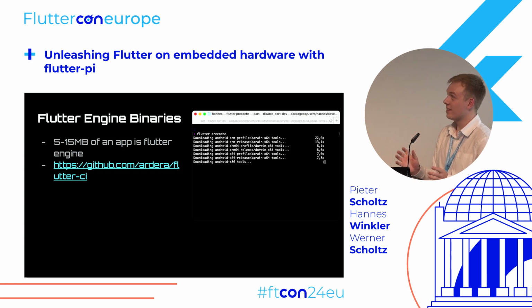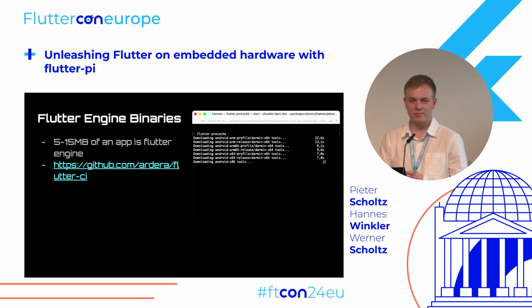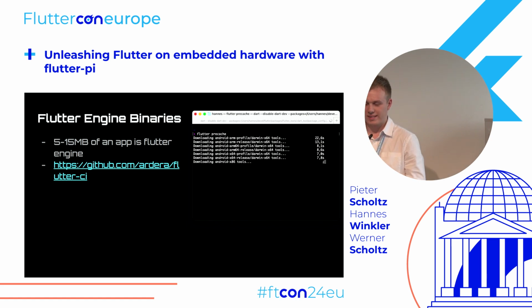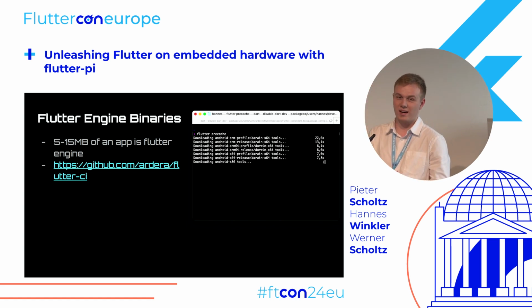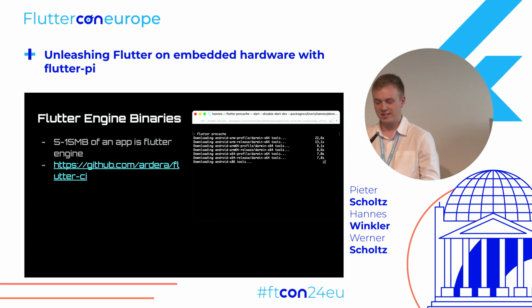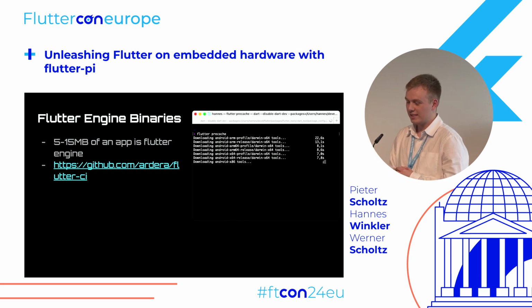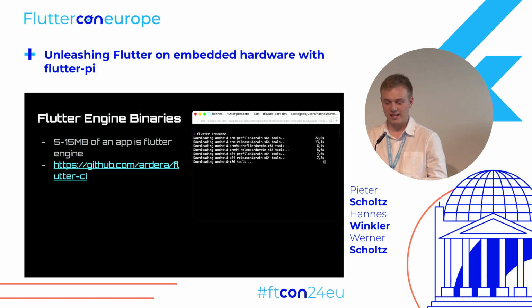And a good part of your finished Flutter app is actually the Flutter engine. And for embedded or for custom embedders, we unfortunately can't really make use of that. Because for the official platform, it's built by the official Flutter CI and stored on the server. But for custom embedders, we need to specify some special build flags to the engine.